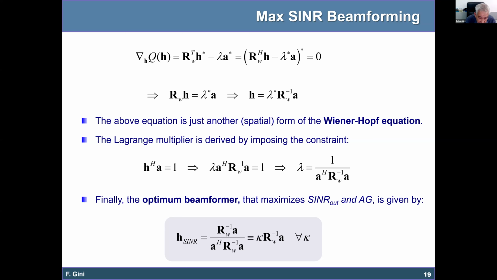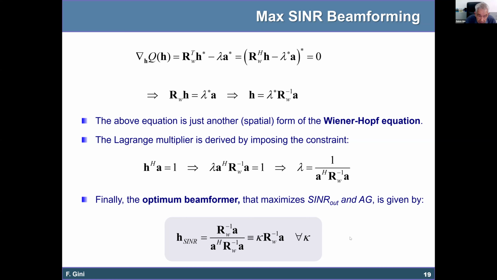The beamformer is optimal because the value of this constant, that I call K, does not affect the signal-to-noise ratio, because it changes in the same way the power of the signal and the power of the noise, and the ratio remains unaffected.